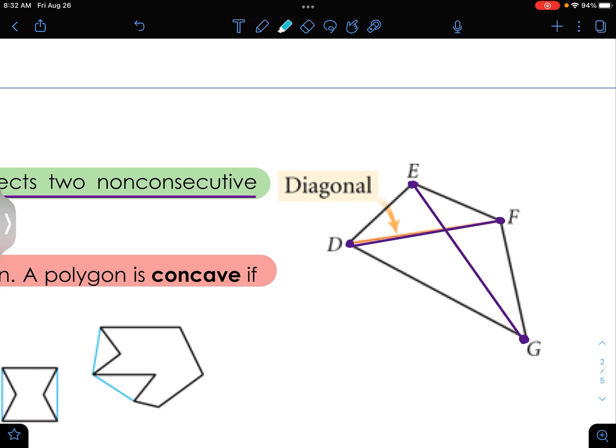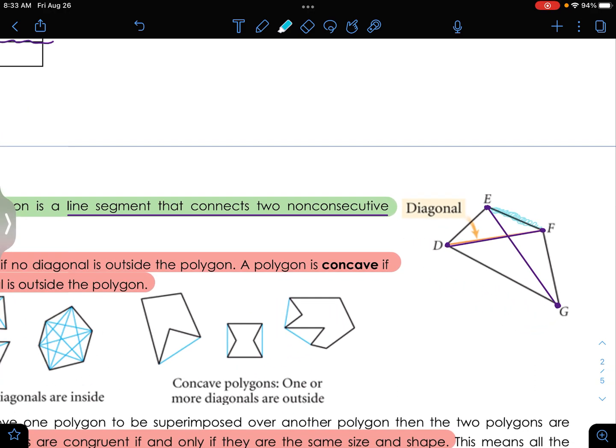Things that connect consecutive vertices are just the sides. So you would not name a diagonal as EF, because EF connects two consecutive vertices, which makes it a side.